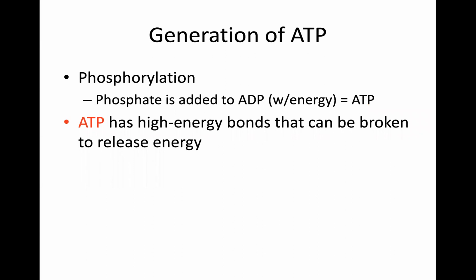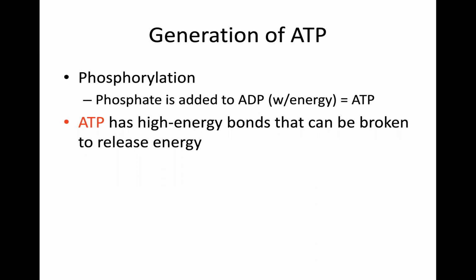During phosphorylation, we're adding a phosphate to ADP, so instead of 2 phosphates, we end up with 3, with ATP as our usable form of energy. ATP has high energy bonds that can be broken in order to release that energy into our bodies.